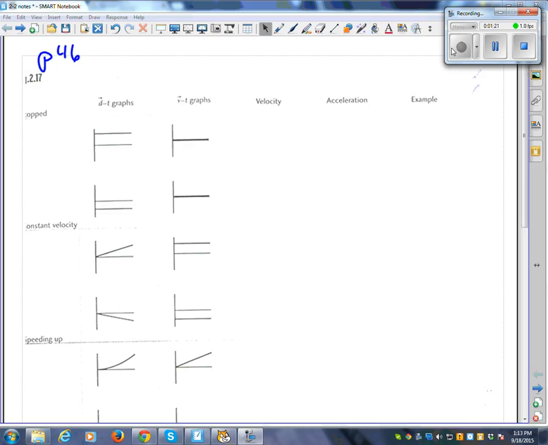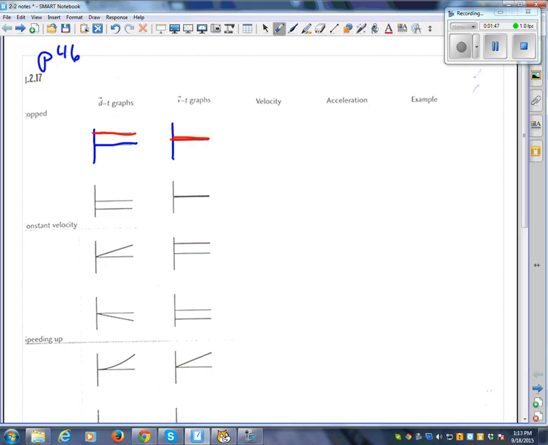Okay, so when the object is stopped, the dt graph, now you have to look carefully there at the book, but the graph itself, I'll put this in blue, that's the axis, and the graph itself is right there. So when it's stopped, the vt graph is going to be right at zero, isn't it?